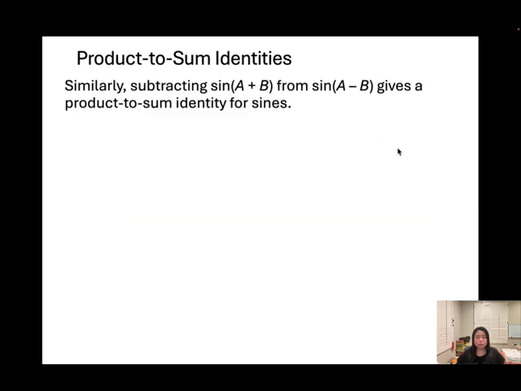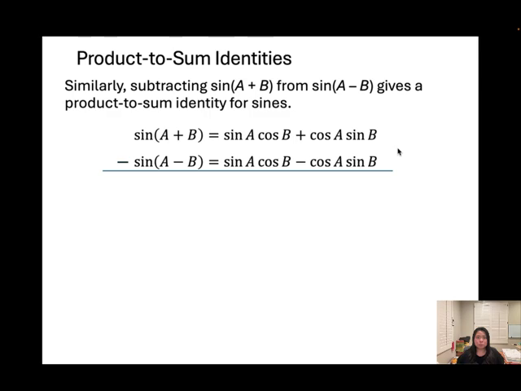Okay, now we're going to do the subtraction for sine A plus B and sine A minus B. Okay, we subtract them. So these two guys will be cancelled out. And this is going to be negative, negative becomes positive. Okay, divide both sides by 2.